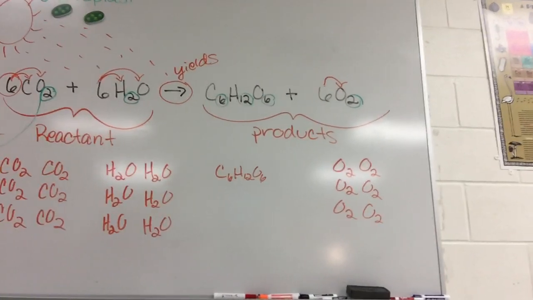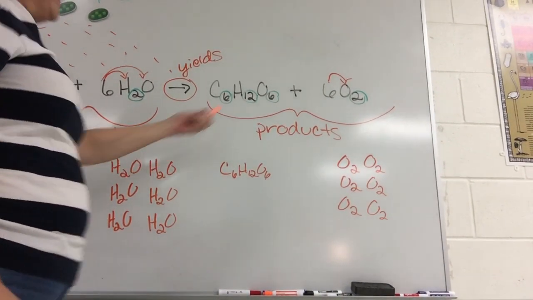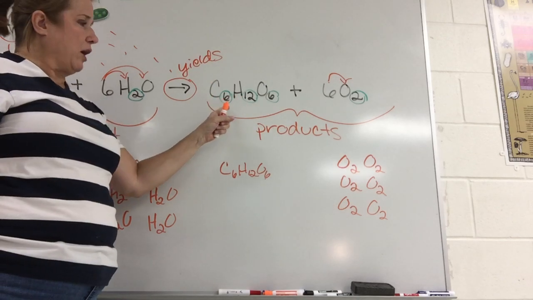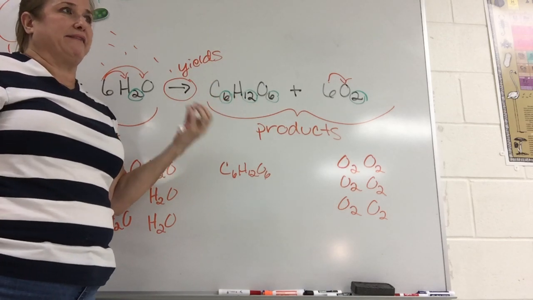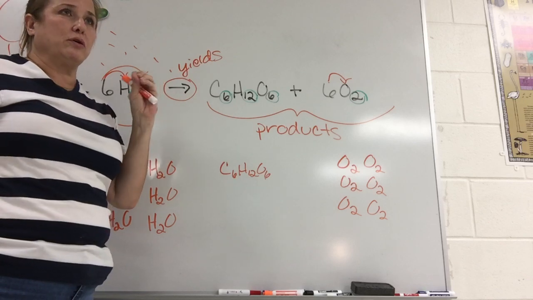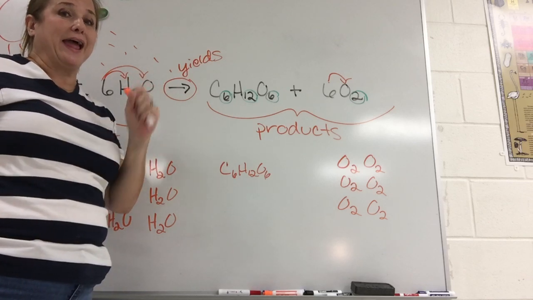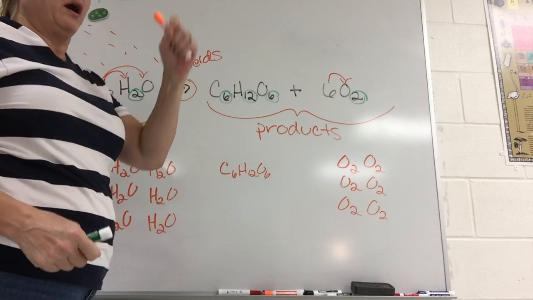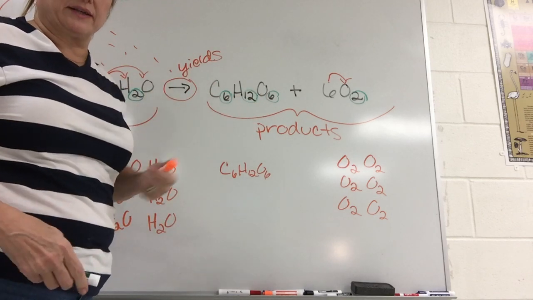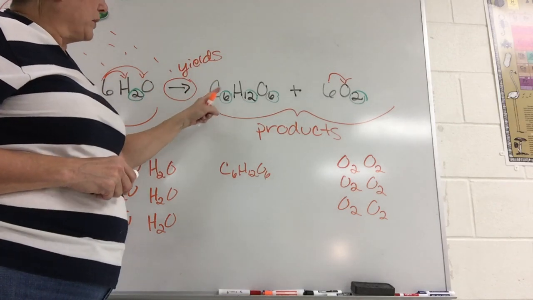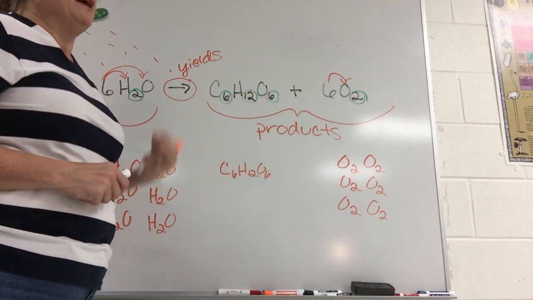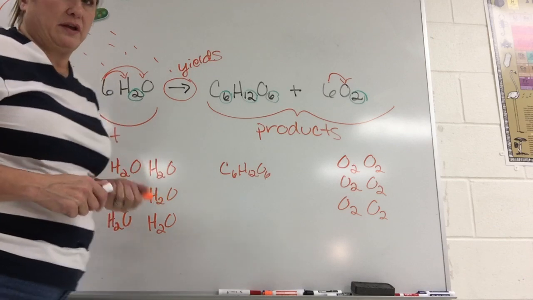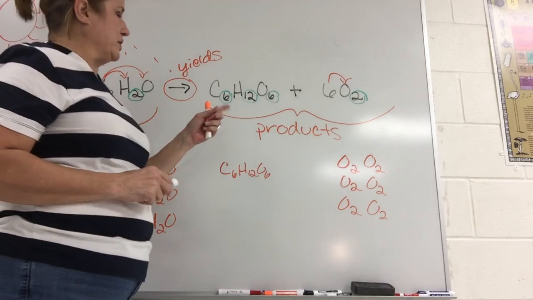Now, just to refresh your memory, this glucose is what we call a compound, and a compound simply means a substance that has 2 or more different elements, so carbon, hydrogen, oxygen, or hydrogen and oxygen, or carbon dioxide, or carbon and oxygen, chemically bonded in fixed ratios.